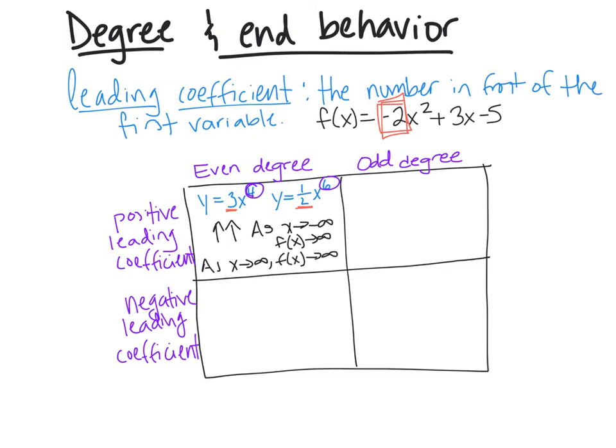So f of x is going up to positive infinity all the time, every time, for an even degree with a positive leading coefficient.